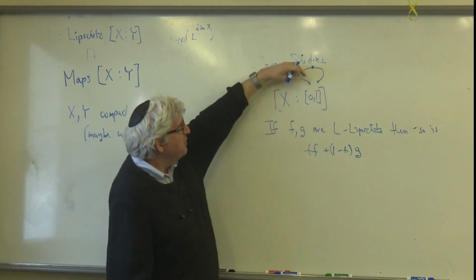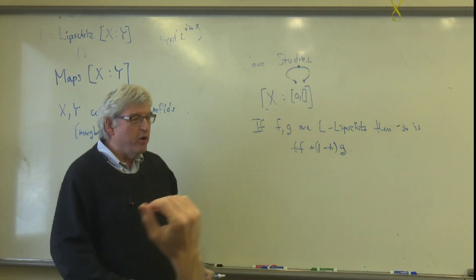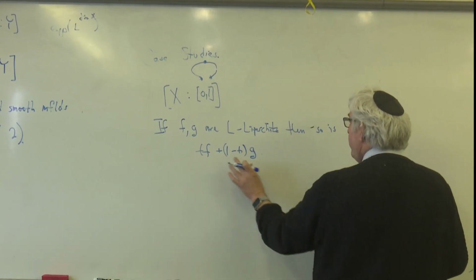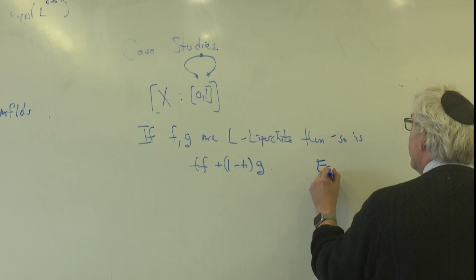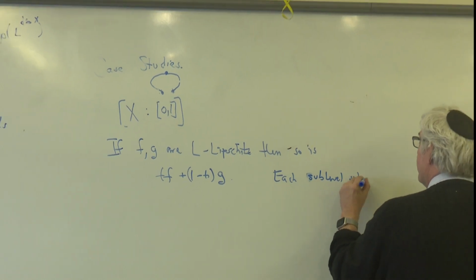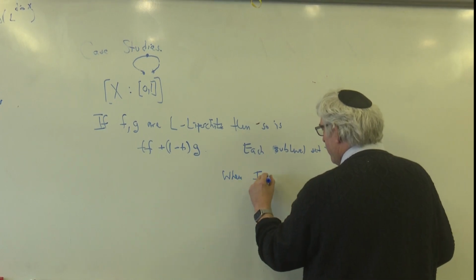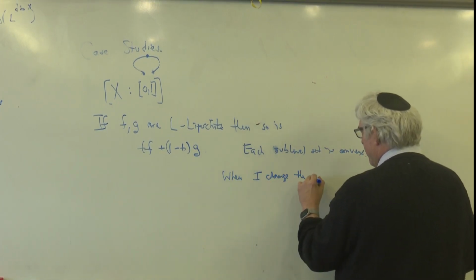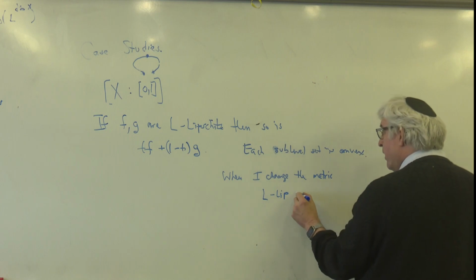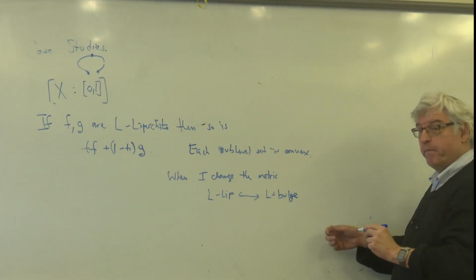Then obviously I have to go through that bulge somewhere. So for this version, each sublevel set is convex, but when I change the metric, it's more that the L-Lipschitz maps included in the L plus the bulge become null homotopic.